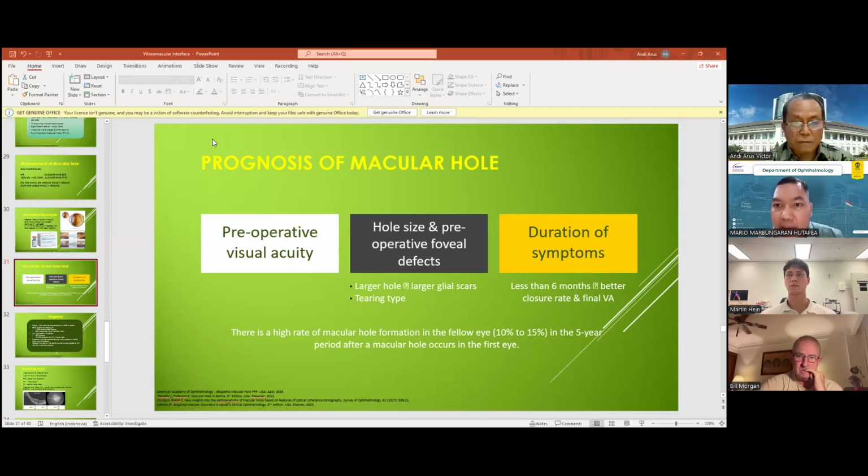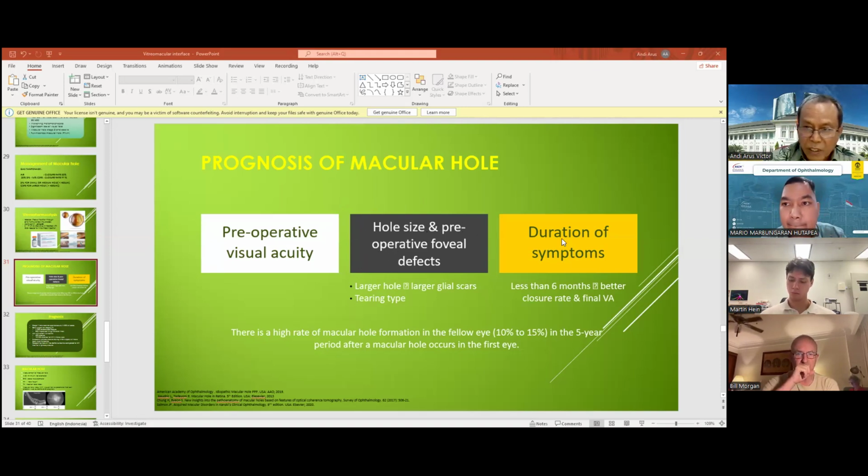Yes, as I've mentioned, the prognostic factors for success are preoperative visual acuity and the size of the hole. So we have to measure the hole size. We have to confirm the macular hole index.